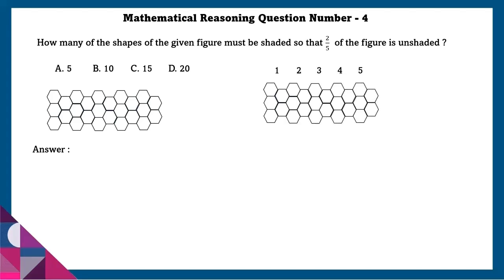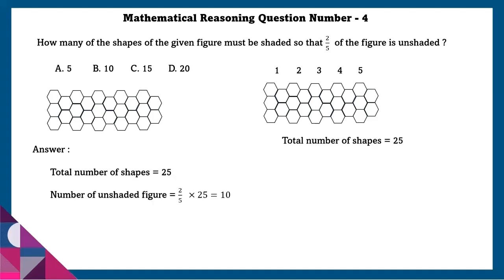So there are 5 hexagons 5 times. Total number of shapes is equal to 25. Number of unshaded figures is equal to 2 by 5 into 25, which is equal to 10. Therefore, the number of figures that need to be shaded is equal to 25 minus 10, which is equal to 15. So 15 of these need to be shaded so that 2 by 5 of this figure is actually unshaded.